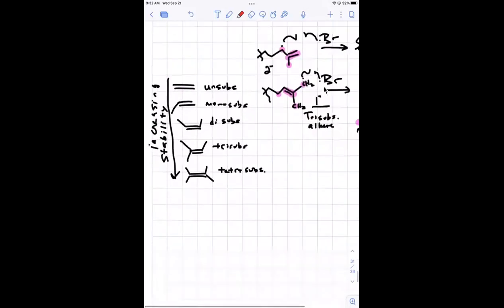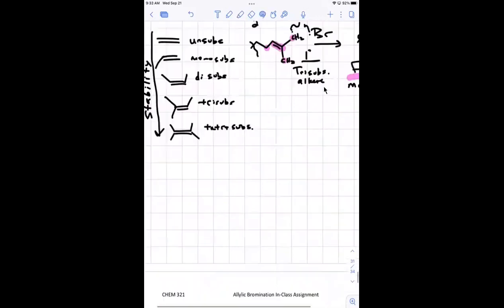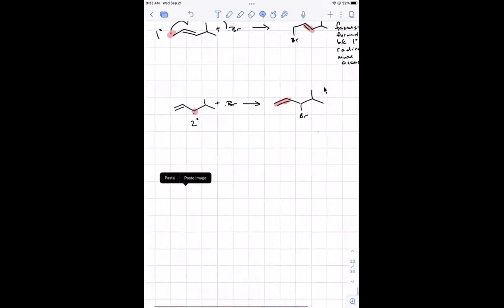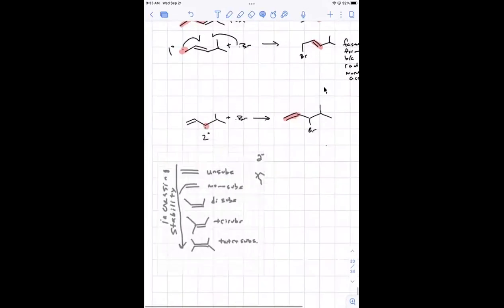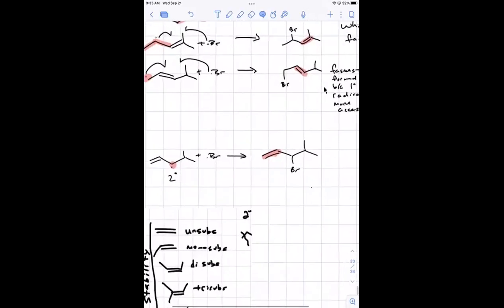So if we look at these, actually, I'm just going to cut that, copy it, and paste it right here. So we look at these alkenes that are here.